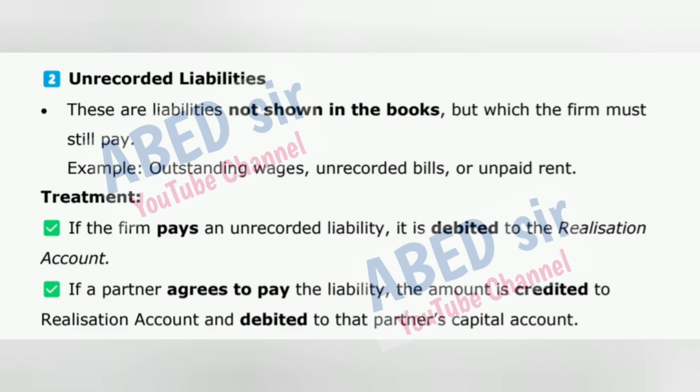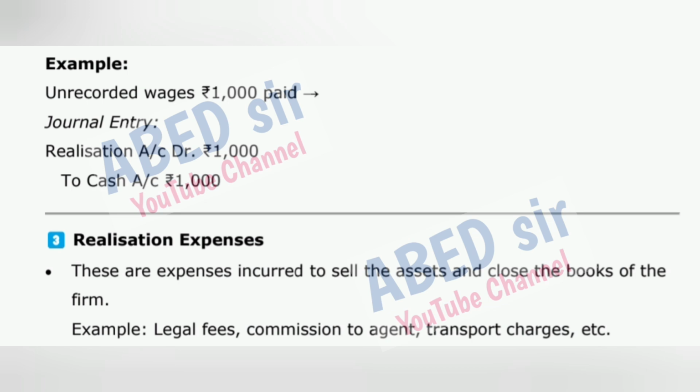If a partner agrees to pay the liability, the amount is credited to realization account and debited to that partner's capital account. Example: unrecorded wages 1000 rupees paid. Journal entry: realization account debit 1000 rupees. To cash account 1000 rupees.